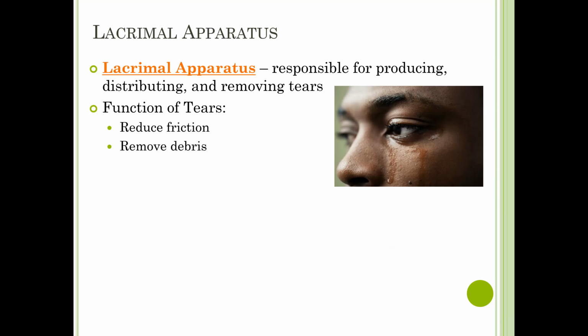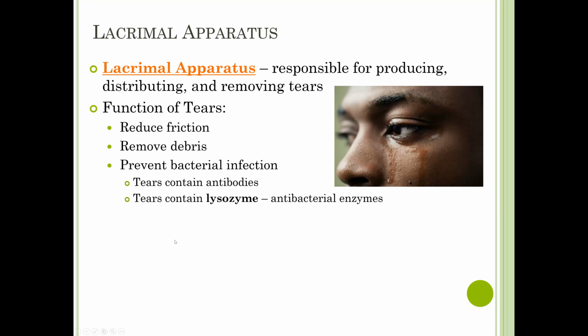They also help to remove debris, so if something gets into your eye, you'll have an increased production of tears to help wash it out. It's kind of like your own personal eye bath. Tears also can prevent bacterial infection, so they can contain antibodies, which we'll talk more about in the immune system chapter, and then they also contain enzymes that are antibacterial, and these are called lysozymes.